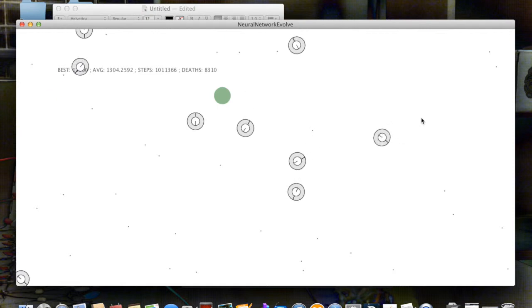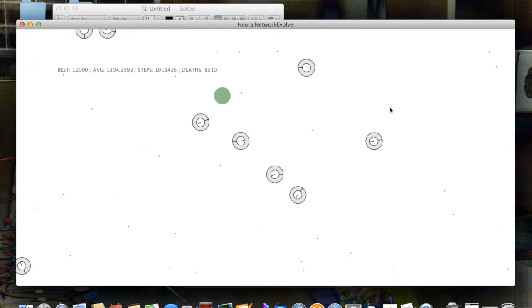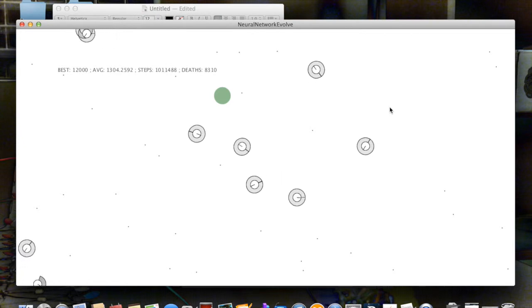I can also display the genotype, which is encoded in the neural network. The neural network, by the way, is, as I said, a total of, what is it, 1, 2, 3, 4, 5, 6, 7, 8?